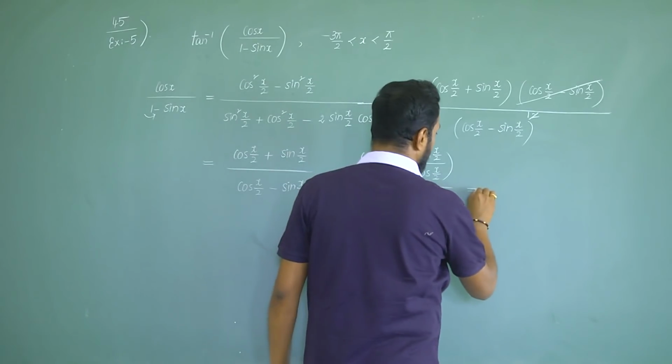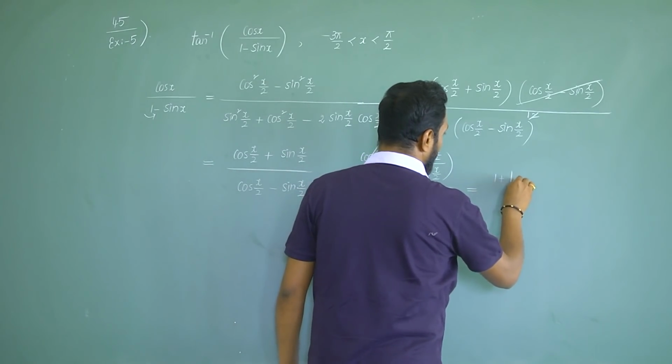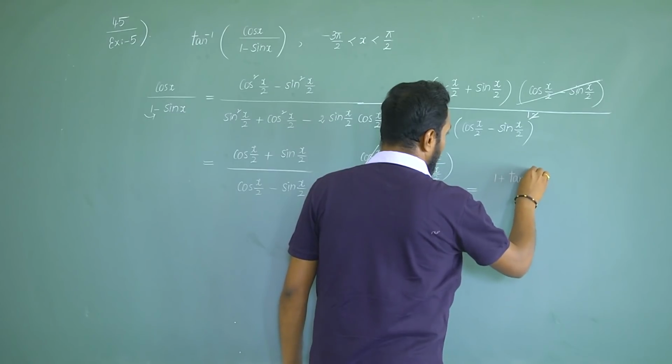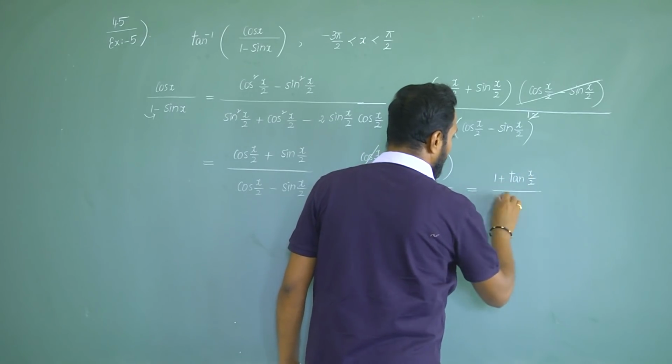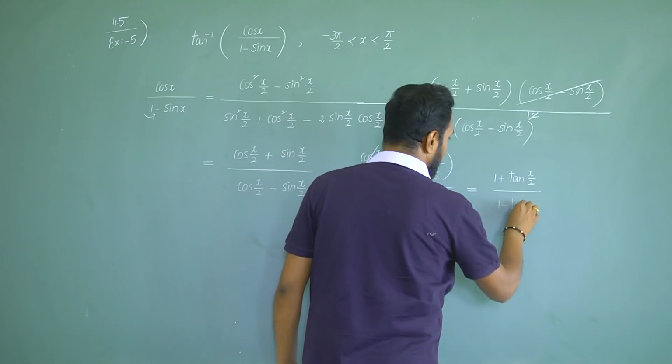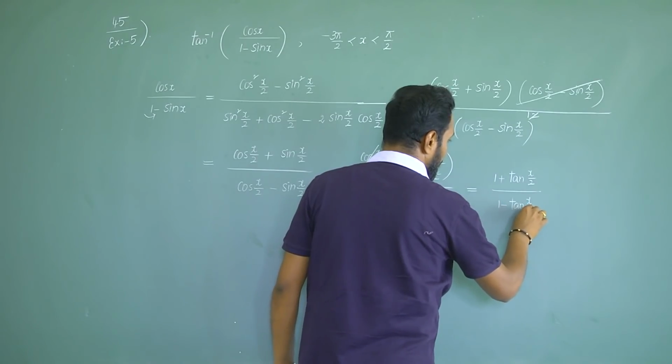Then it is 1 plus tan x/2 by 1 minus tan x/2.